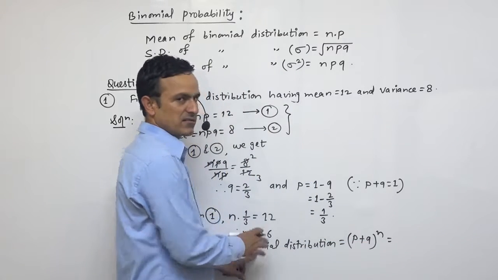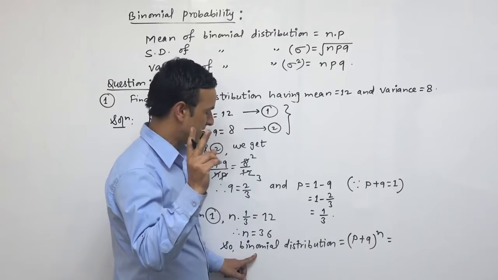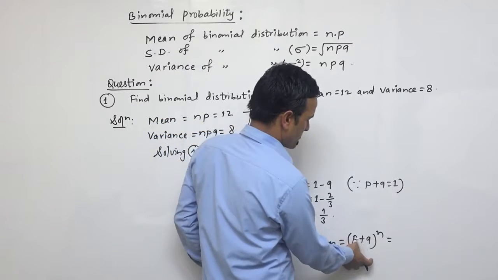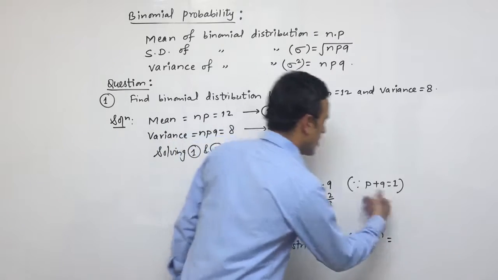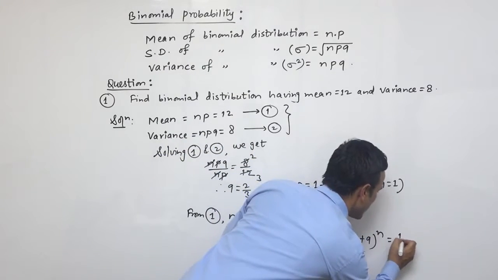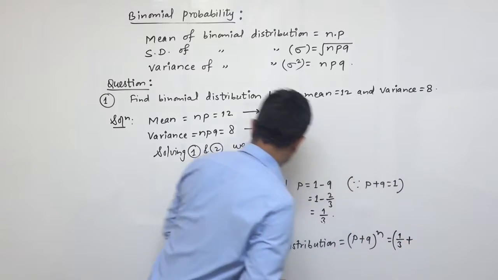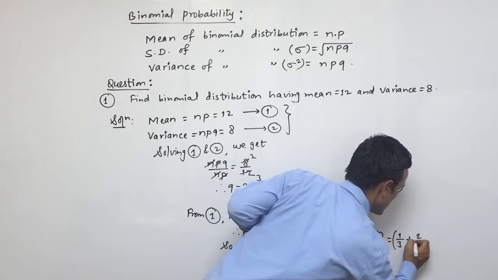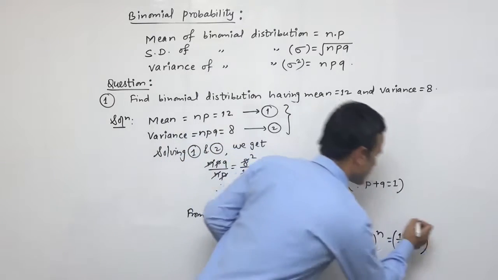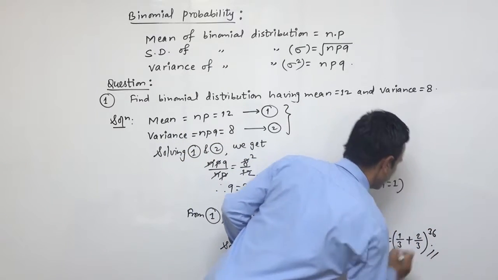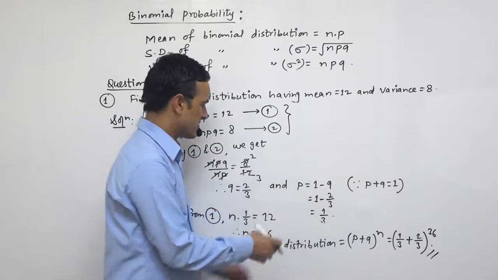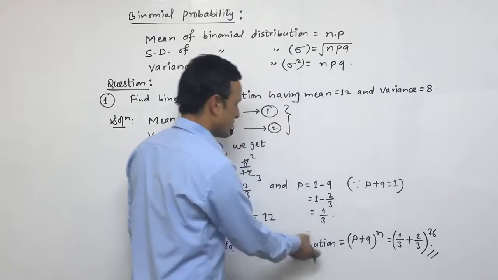Binomial means the expression containing only two terms, two probabilities, success and failure, up to n. So the value of p is 1 upon 3, the value of q is 2 by 3, and the value of n is 36. Then it will be the binomial distribution. This is the structure or format or expression of binomial distribution.